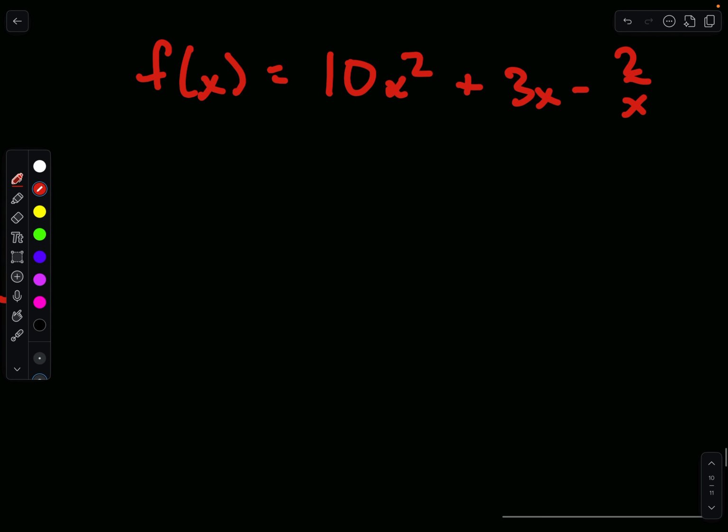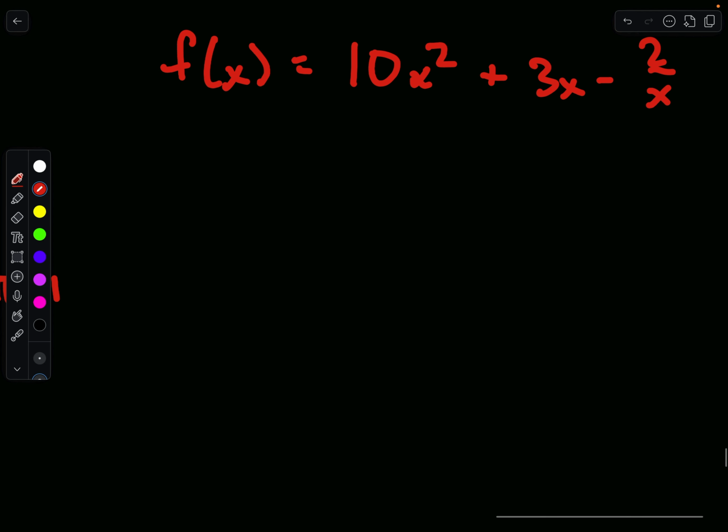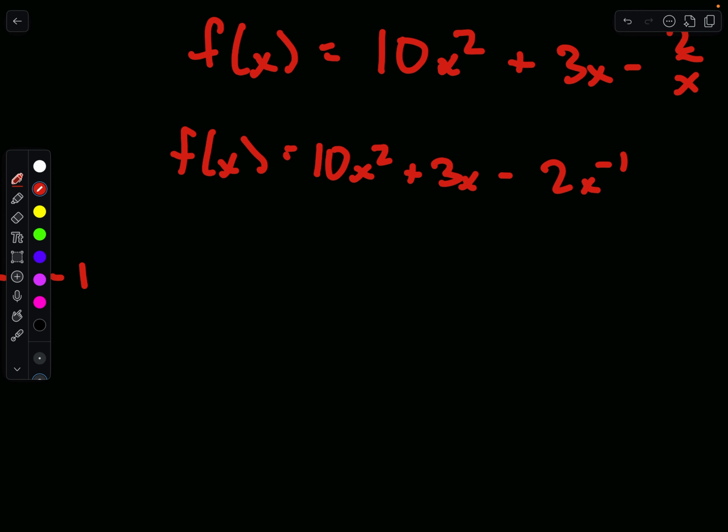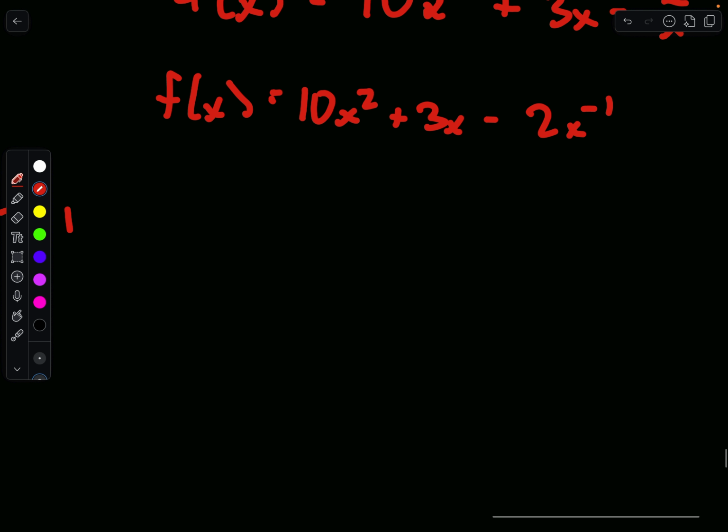Lastly, we see f of x equals 10x squared plus 3x minus 2 over x. We rewrite this as 10x squared plus 3x minus 2x to the negative 1. Differentiate term by term. Get 20x plus 3 plus 2x to the negative 2.